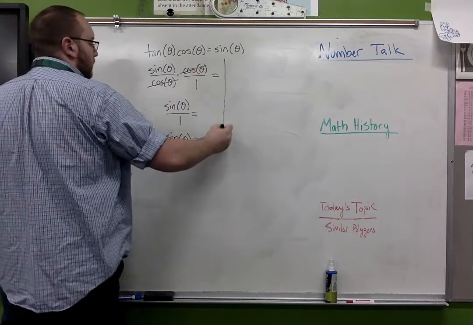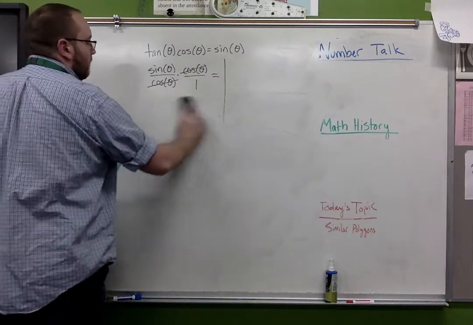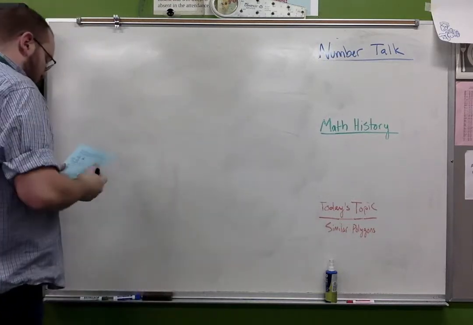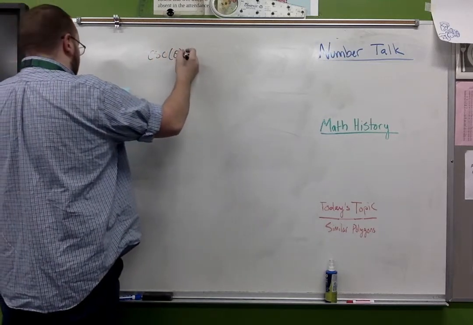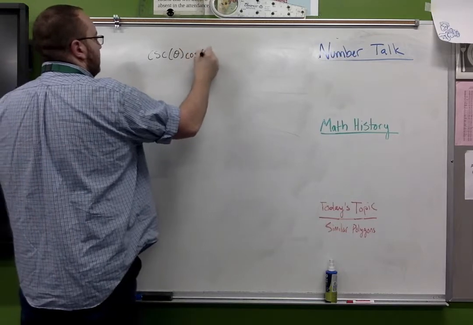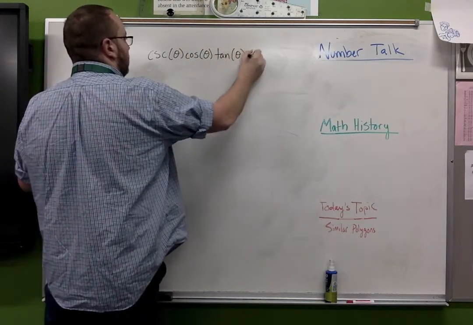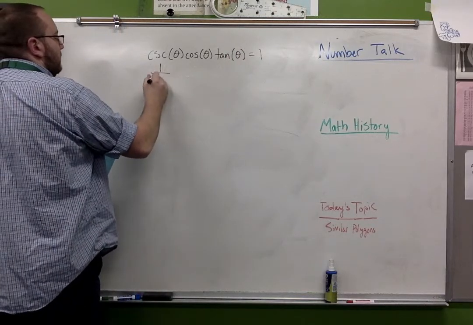All right, next one. Cosecant theta times cosine theta times tangent theta is equal to 1. Well, cosecant is 1 over sine theta.